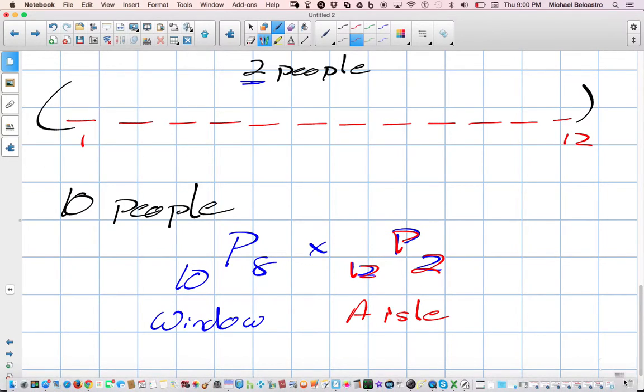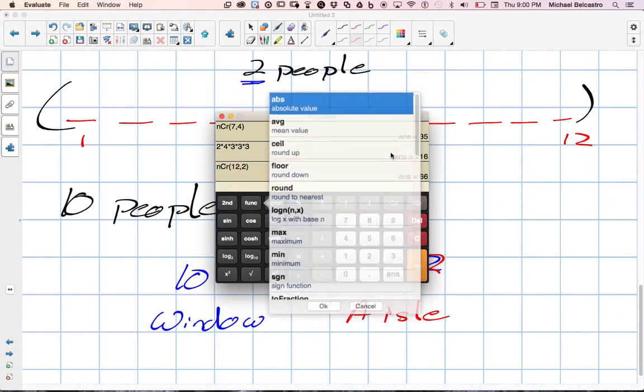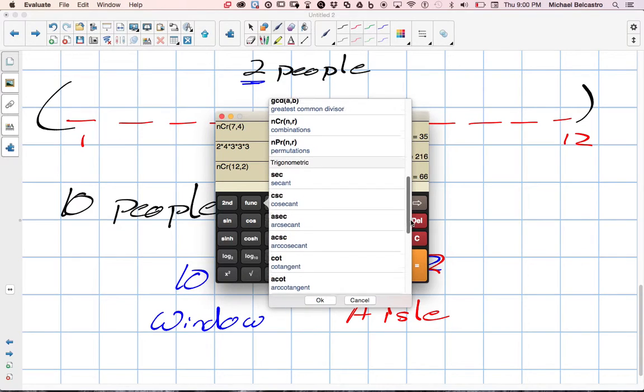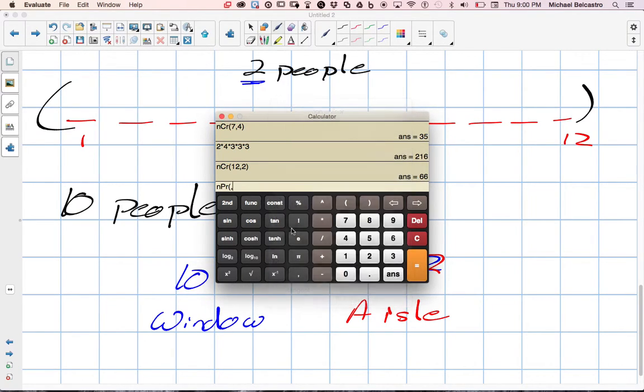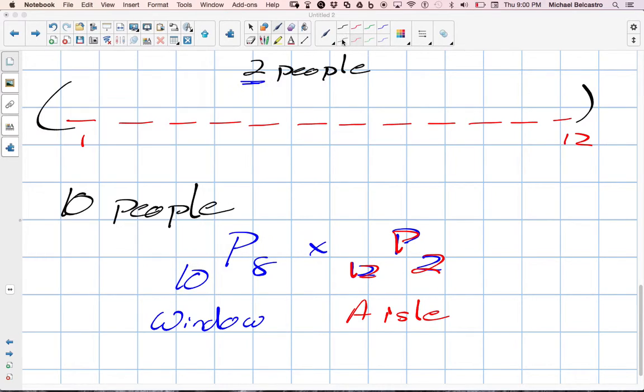So let's get our permutation function. Permutation, okay. We're looking for 10P8 as our first number. I keep saying C because we did so many combinations. And it's that very large number, 1,814,400.